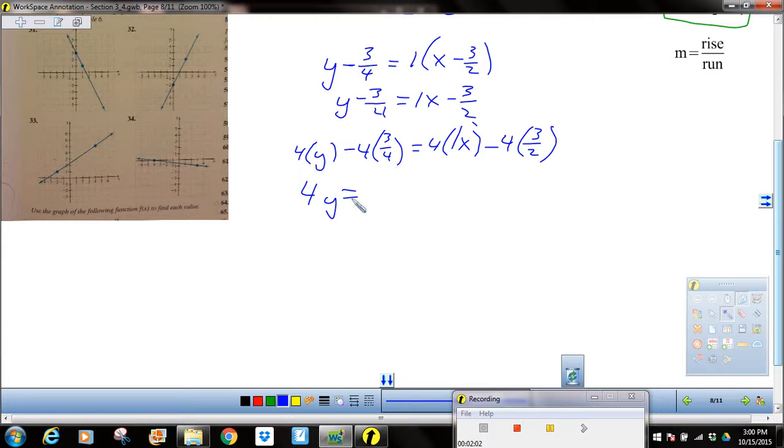Four times 3 is 12, divided by 4 is 3. And this is a negative 3. There's the minus right here. 4 times 1x is 4x. 4 times 3 is 12, divided by 2 is 6.